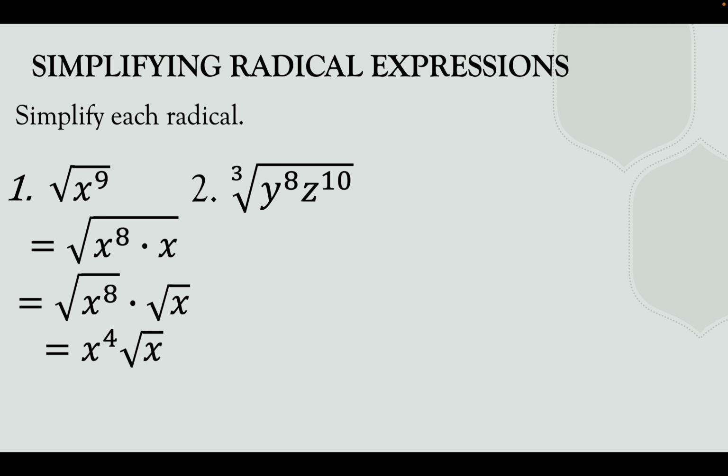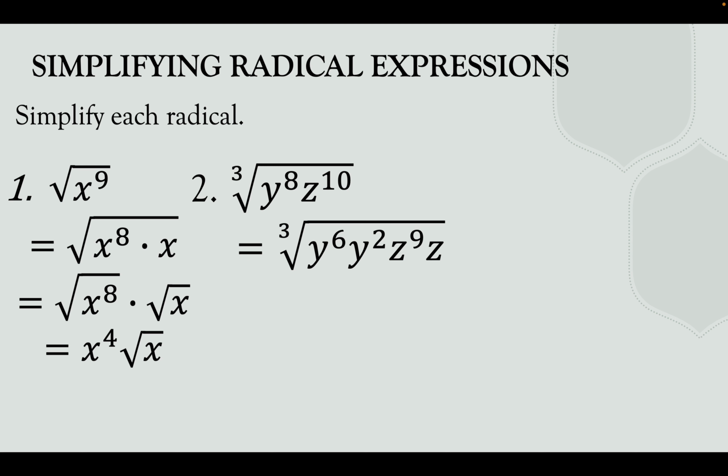Number 2, we have cube root of y raised to 8, z raised to 10. We just need to factor each term in the radicand so that the first term can be divided by the index, and the second term is a non-perfect cube. So we have here cube root of y raised to 6 times y raised to 2.